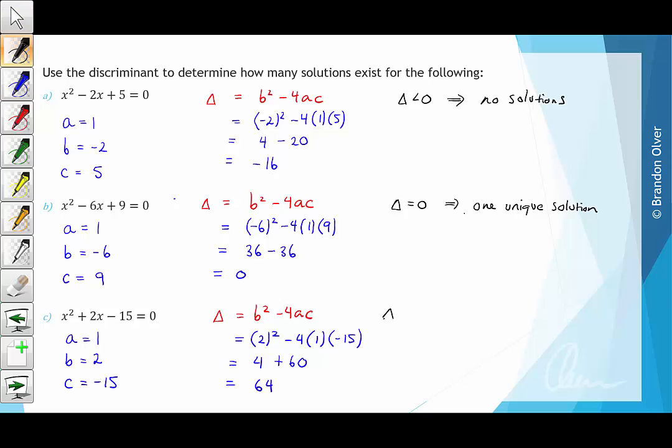So because the discriminant is greater than 0, it implies there are two unique real solutions. And in fact, because delta is a square number, we're going to have two integer solutions.